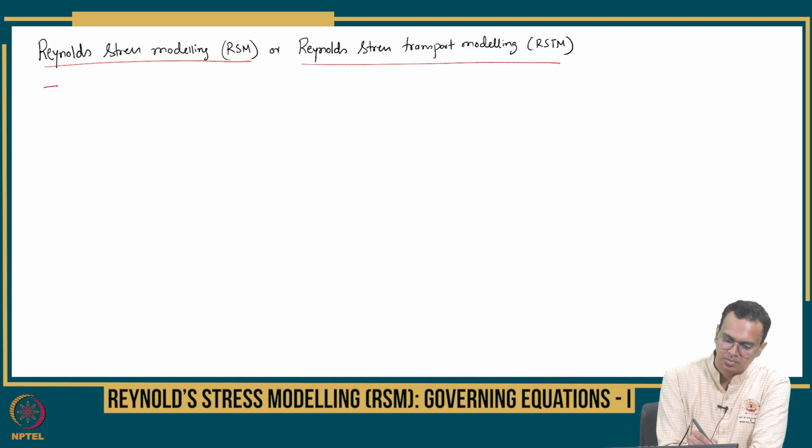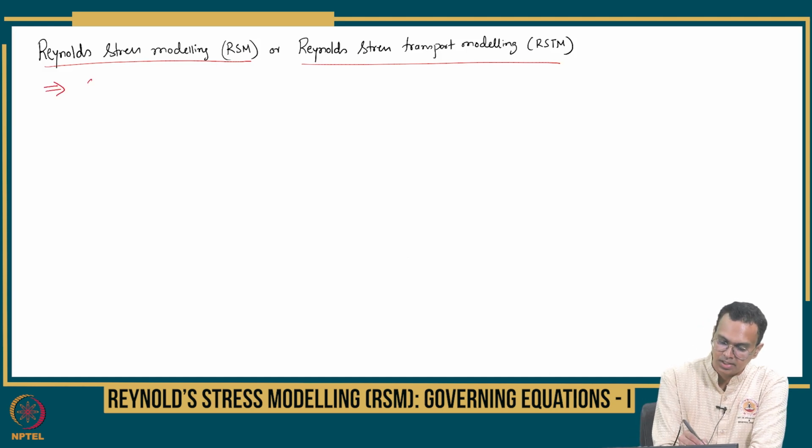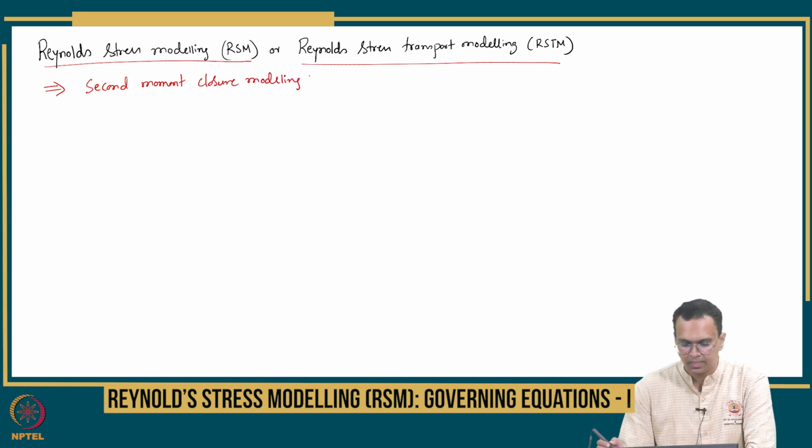This class of models, Reynolds stress models, RSMs, are called second moment closures. The name comes because here we are solving for the Reynolds stresses themselves. That means we are solving the closed form of Reynolds stress equations, the second moments.